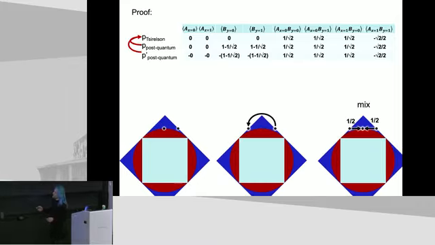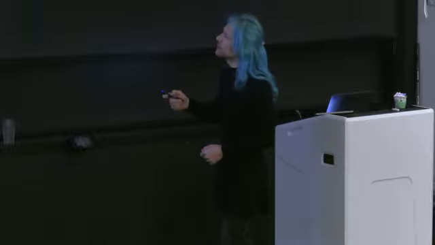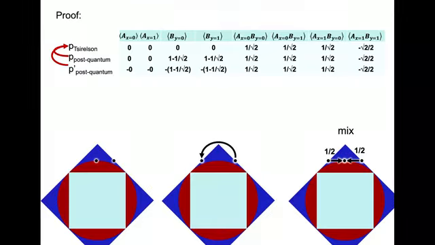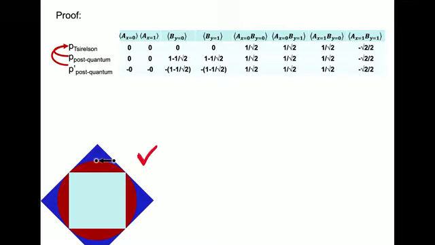And now if I just mix these two possibilities, so with probability 1/2, I do nothing, and with probability 1/2, I flip both parties' outcomes, which is a local operation, then I can get over to this state, mixing these two states with equal probability, so I get exactly to the Tsirelson correlation that we wanted. So that conversion is possible just by correlating whether or not you do this -1 multiplication of the outcomes. So that conversion is possible, but the reverse is not.